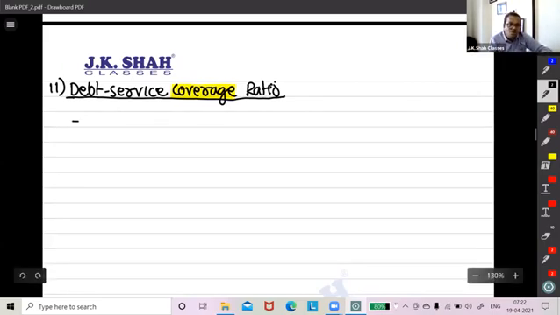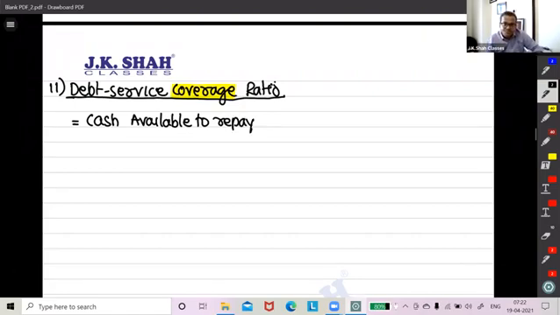So, I would put it like this: cash available to repay. To repay what?